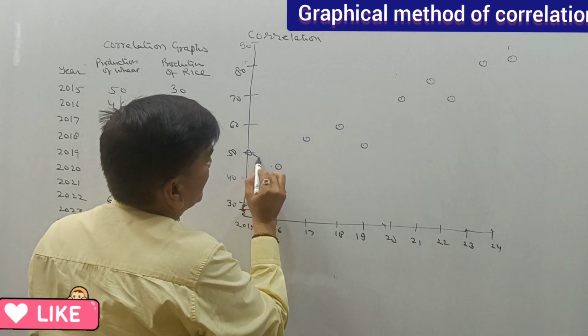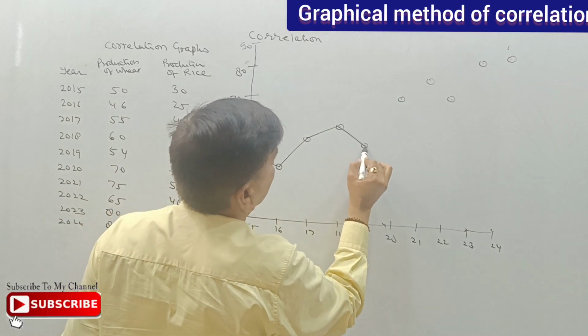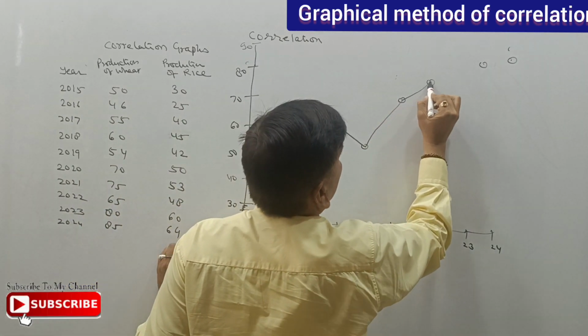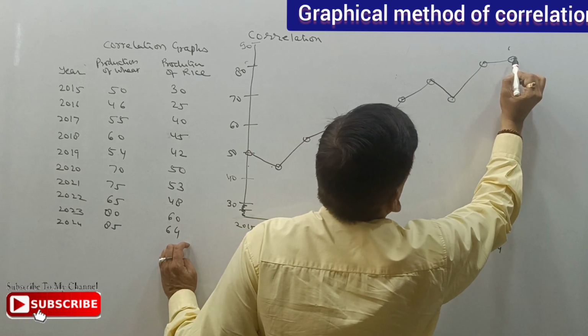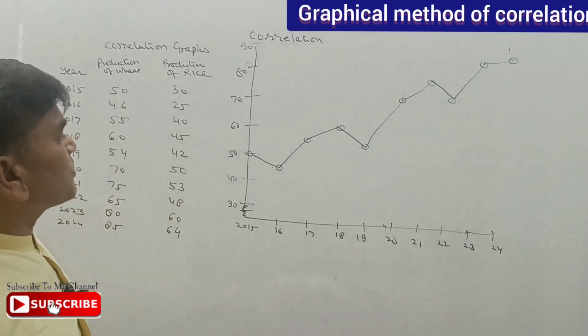So this graph shows the production of wheat.